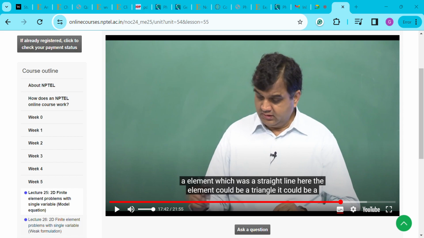Here, I came from the perspective of a functional, and I want to minimize the functional. The other perspective might be a little bit different, but I will check it and let you know.